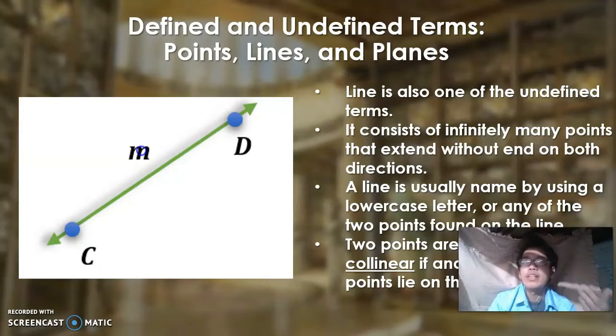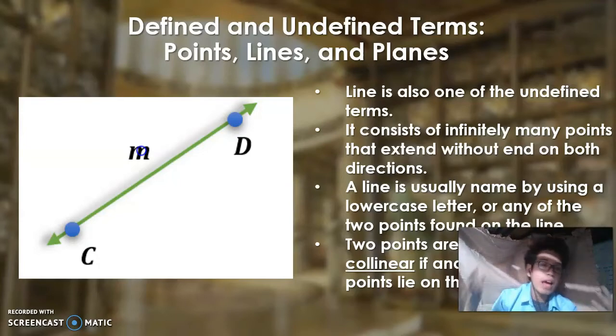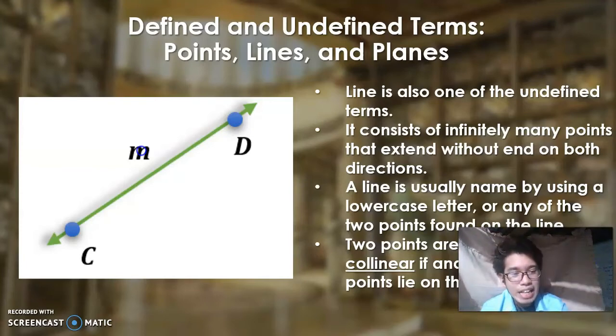But the importance of laying out these terms in the first part of Euclid's Elements in geometry is very, very crucial, because you may have multiple definitions of a line. So you may have multiple definitions of collinear points. So it's very important that Euclid laid out the foundation really well.